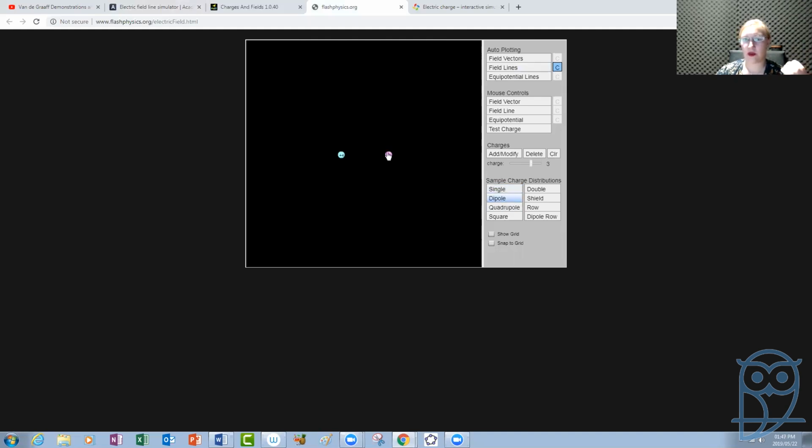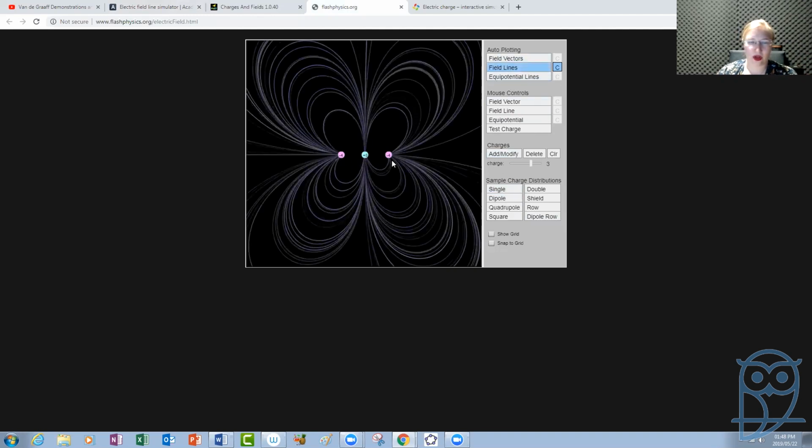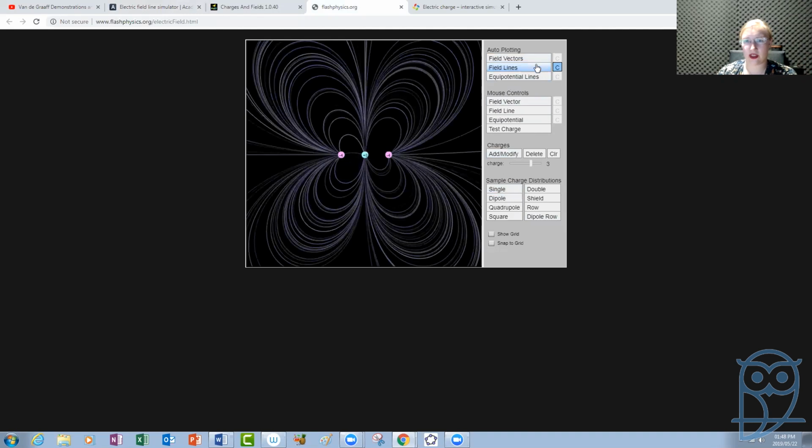If we have a dipole, this is exactly what a magnet would look like. It would have a north pole and a south pole. A dipole here would be something that has the exact same charge on both sides, a positive and a negative. Here, if we add in some field lines, you can see what it would look like if you had lots of different charges.